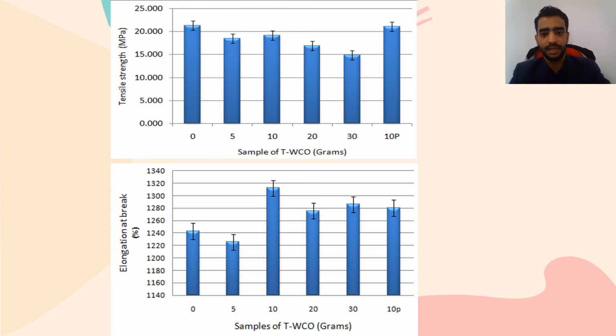An additional hypothesis is that the significant reduction in tensile strength from transesterified cocoa oil 10 gram to transesterified cocoa oil 30 gram is due to the plasticizer interaction, which is more prevalent at higher transesterified cocoa oil concentration and contributes to the large drops in tensile strength.